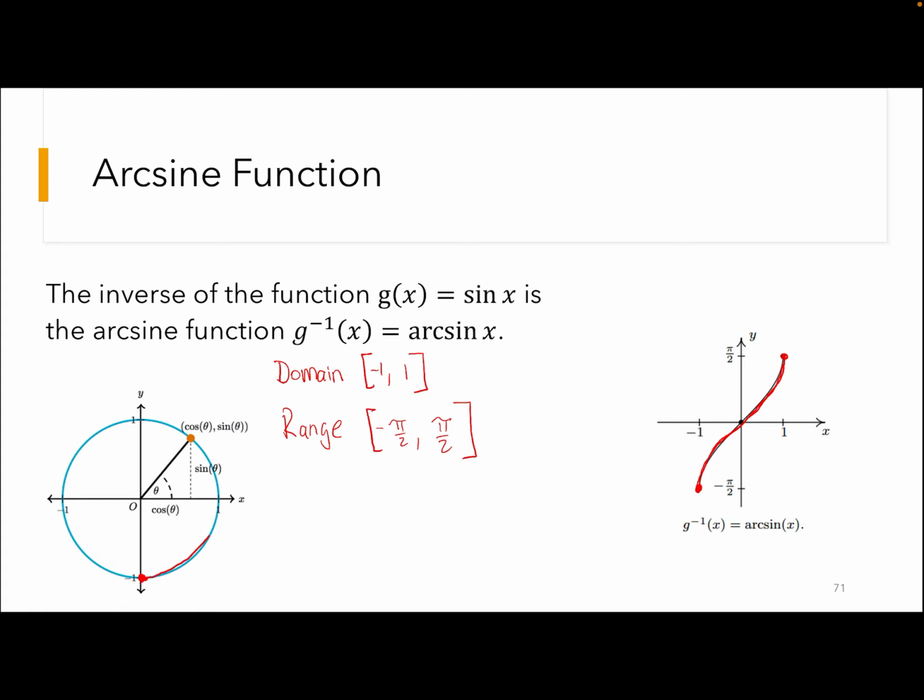And then if we just trace the unit circle until we get to +pi/2, we've taken the first half of the unit circle without repeating any y value. That is why we restrict the inverse sine function to be from -pi/2 to +pi/2.